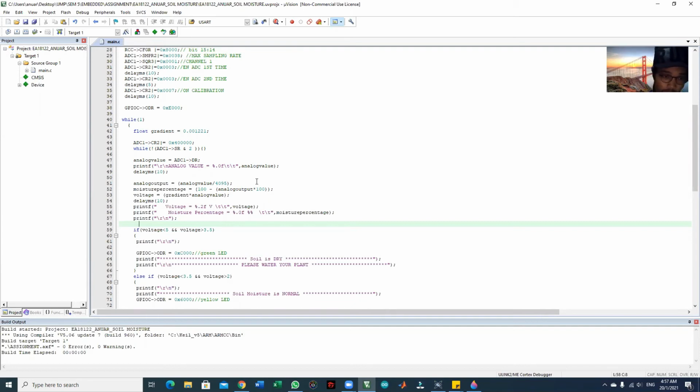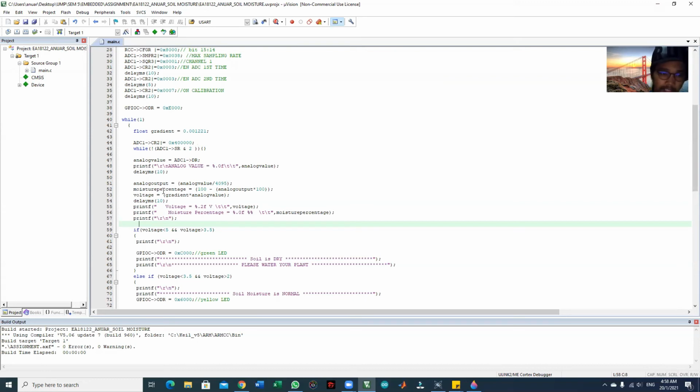Based on the linear equation, the gradient I get is 1.221 milli, and the voltage value is the gradient times the analog value, since the y-intercept is 0, so there is no need to add anything. To calculate the moisture percentage, I do 100 minus analog output, which is analog value over 4095, which is 12-bit, times 100.